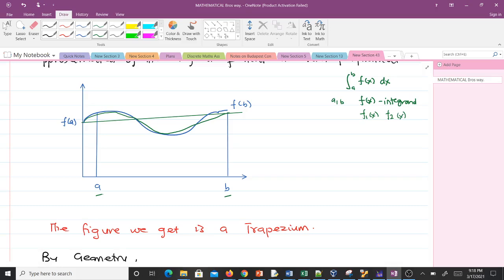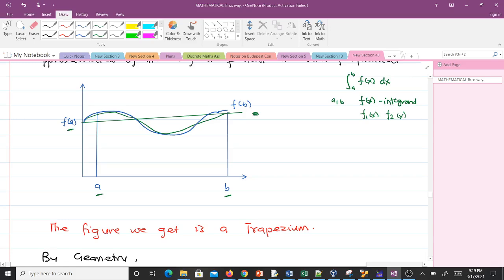So we want to approximate that function by a first order polynomial. We draw a line here, and we also have these 2 points a and b. The functional value here will be f of a, and that here will be f of b.